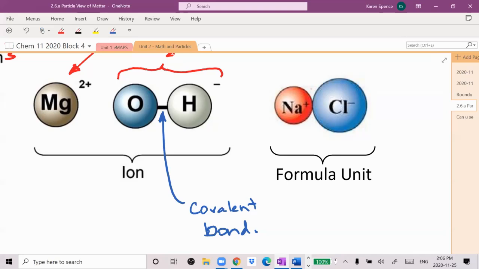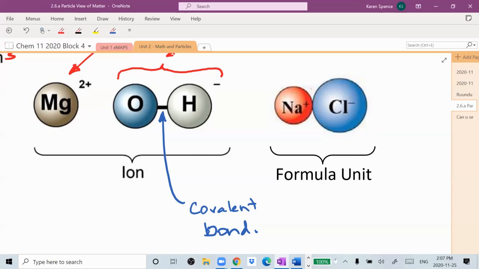My apologies. If you tried to put a bunch of sodium ions, Na+, right beside each other, a positive beside another positive beside another positive, what do positives do to positives? They repel. So anytime you have a positive ion, it needs to be balanced out by a negative ion so that you don't have matter exploding all over the place.